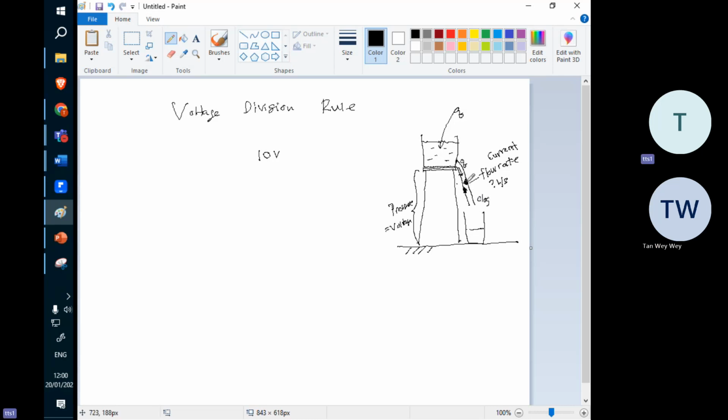Because of the clogs here, the water flow rate is reduced. This is resistance. Of course you can put a valve here to control the flow rate. So your valve is also some resistance. So the water flowing out is a bit less.